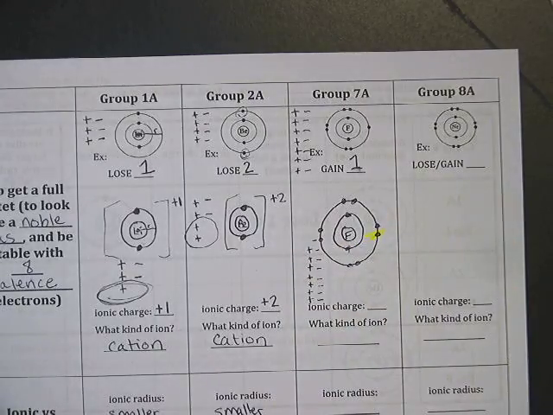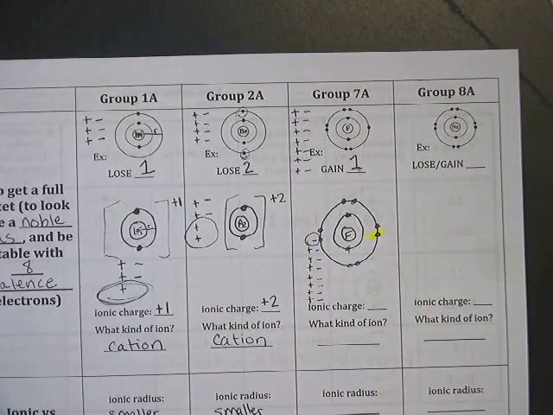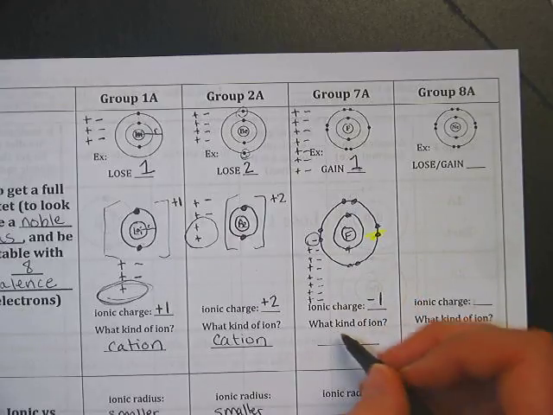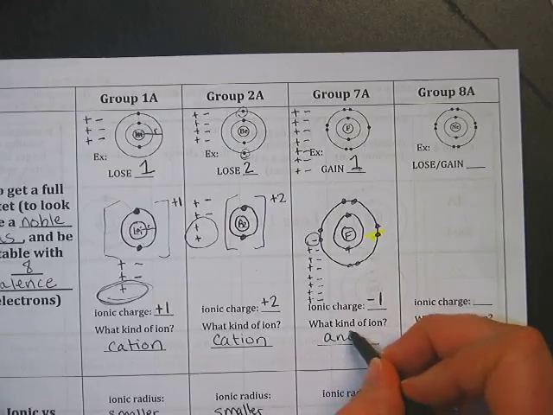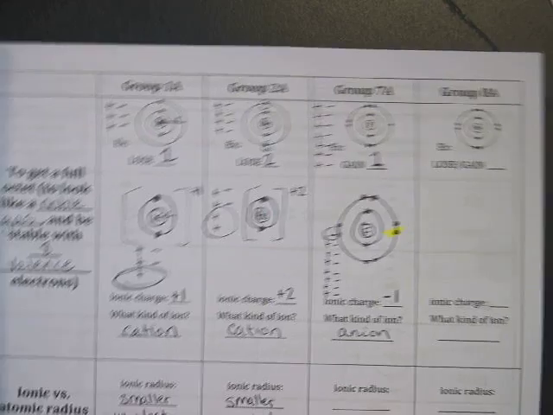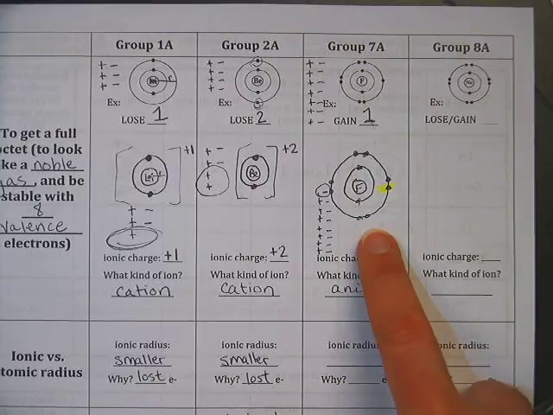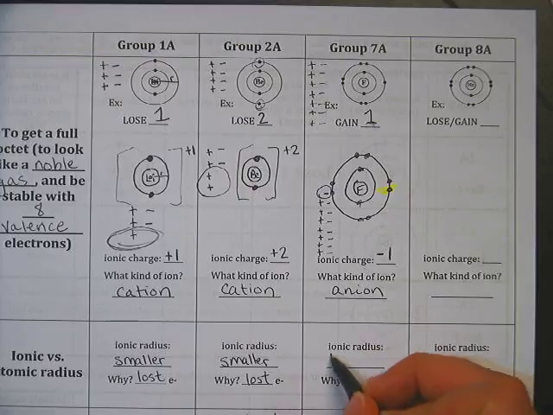So there's this leftover electron up here, and that's going to give us a -1 charge. What kind of ion is that? Anion. That's an anion. Okay, if it gained 1 electron, do you think it got bigger or smaller? If you gain something, you get bigger.